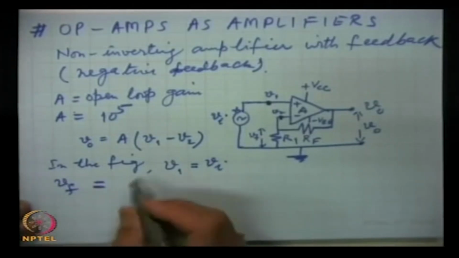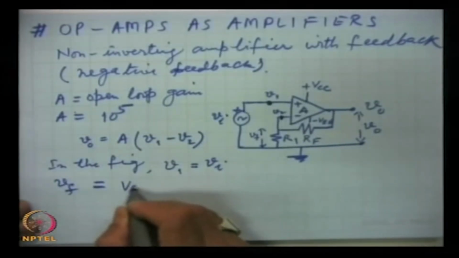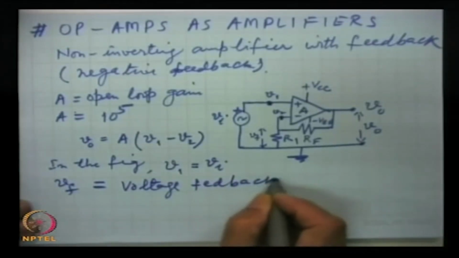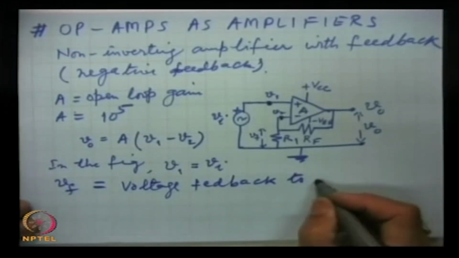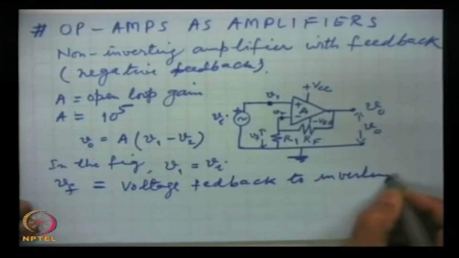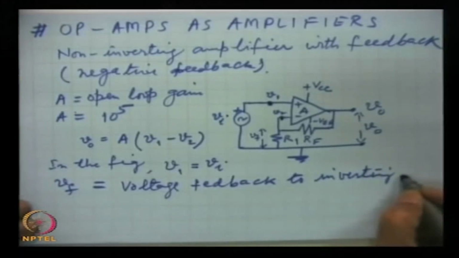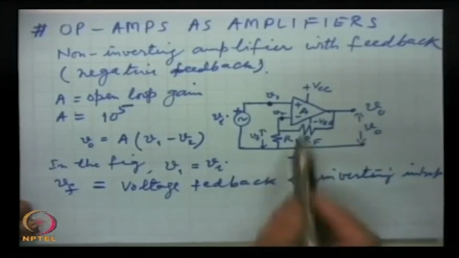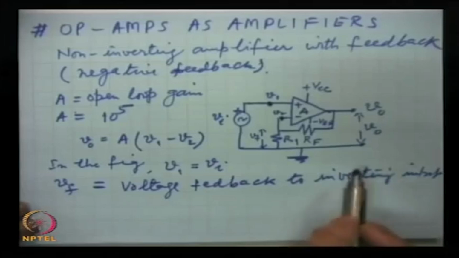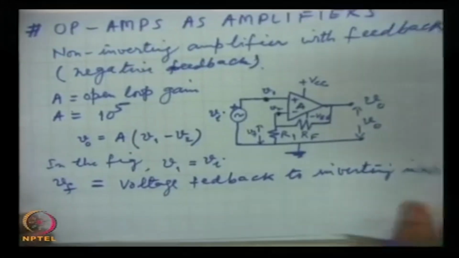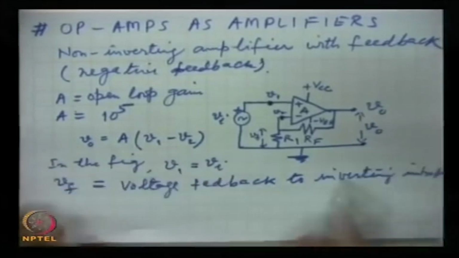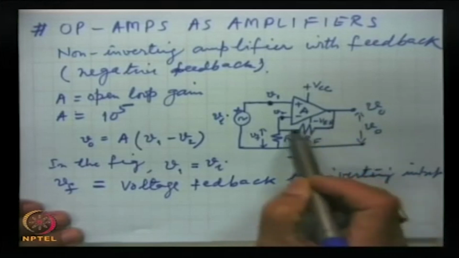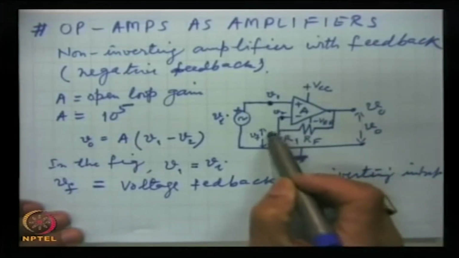Vf is the voltage fed back to the inverting input, and this is simple. We have talked about this several times, but anyway I do this. Voltage here is V0 and these are two resistances, and what will be the voltage drop here?